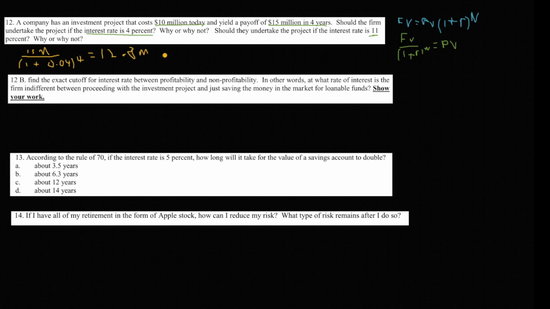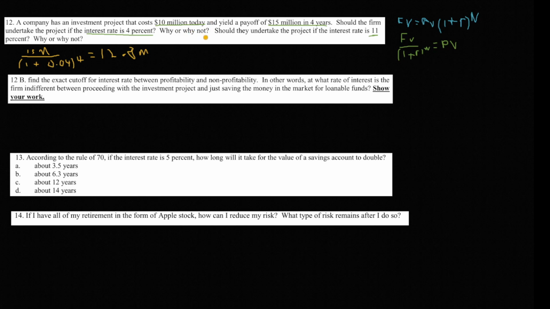So what this number says is we've converted the $15 million that the company will make after 4 years to money in the current year of $12.8 million, saying that effectively we will have made a profit doing this.